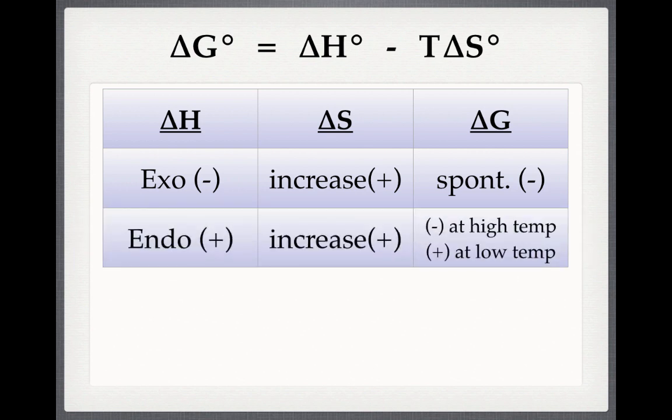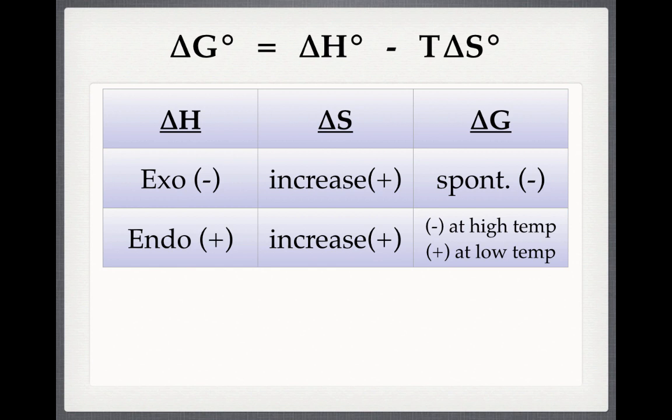If we have an endothermic reaction, then the delta H would be positive. Now if the delta S for this reaction is also positive, we have conflicting values there. The delta H being positive, if we subtract a positive number, it depends on how large our T delta S term is.